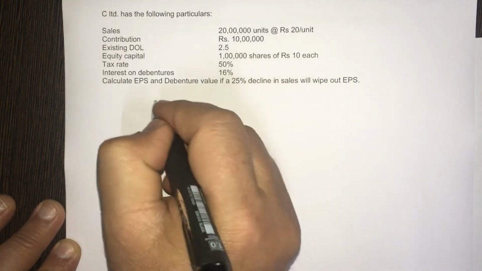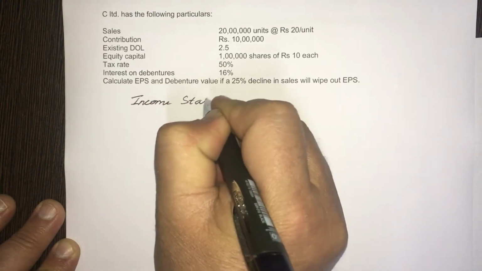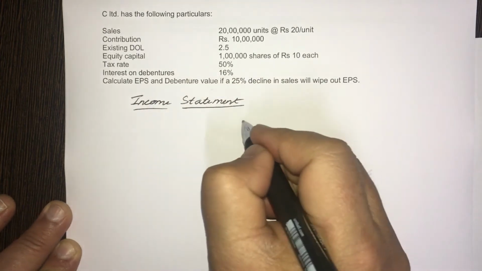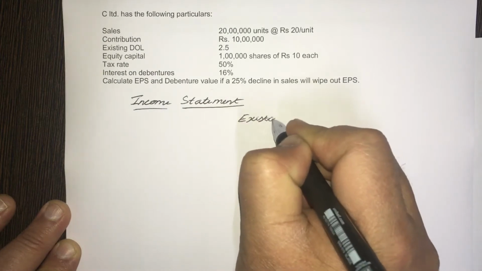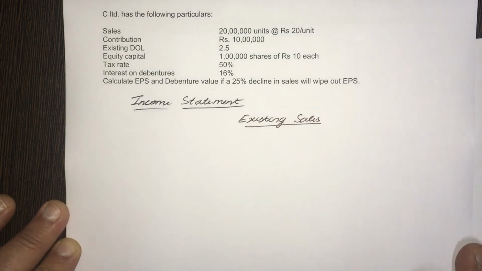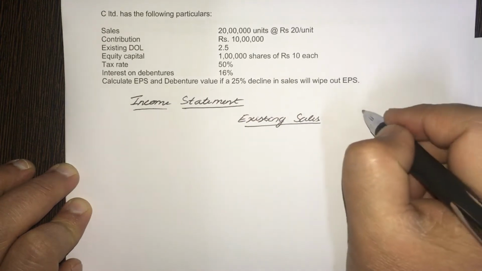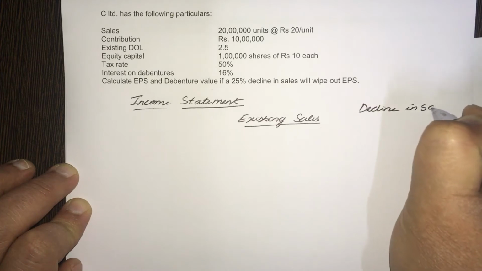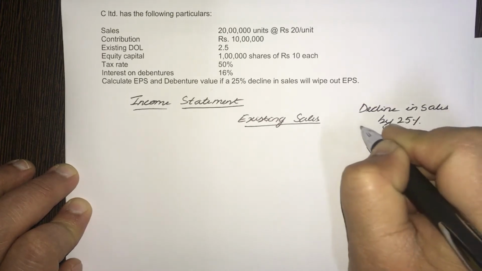So, the income statement. You show existing sales, and a decline in sales by 25%.